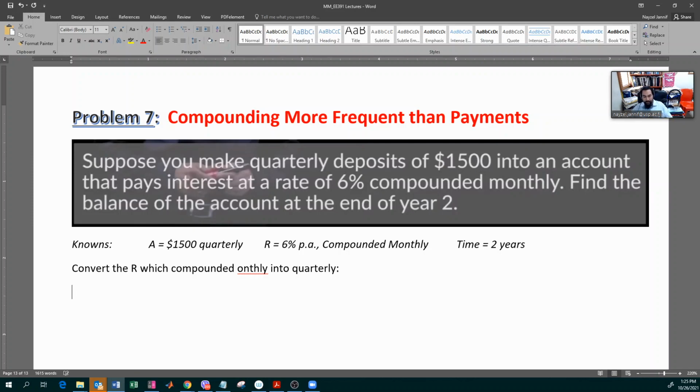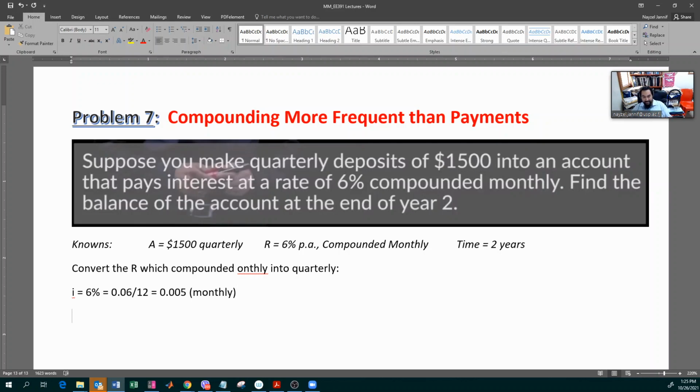Firstly, we find that i will be equal to 6%, which is 0.06 divided by 12. We bring it down into a monthly fashion. So that will be 0.005 monthly. That's my approach.